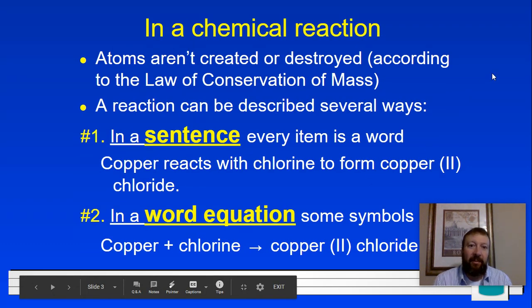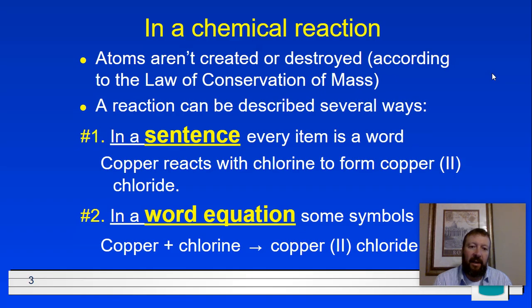Now, in order to be able to do this, there are a couple of things in the book on how to relate the equation itself into a few different forms. You can put it in sentence form, where you just write them all out in sentences. You can put them into a word equation, where you include some symbols. Looking at this one, copper reacts with chlorine: you can just say copper plus chlorine and use that symbol instead of writing all the extra words.